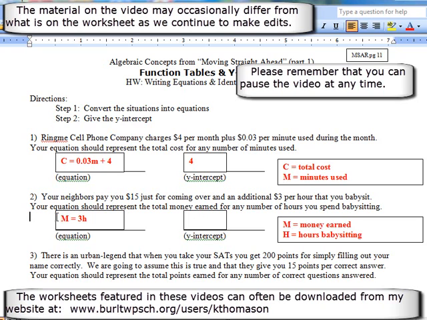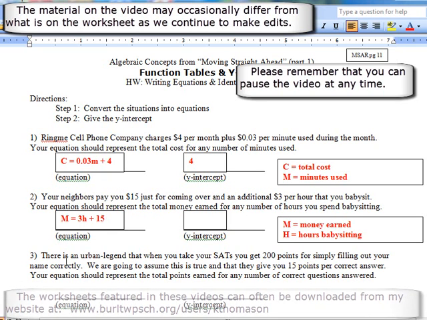So my equation is going to start off with M, the amount of money that I'm going to earn babysitting is going to be $3 times the number of hours I work. However, they're also going to pay you $15 just for coming over. So the amount of money I make will be $3 per hour plus the $15 they're giving me up front.